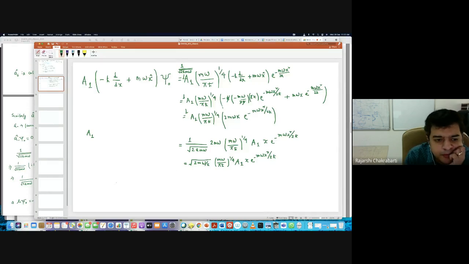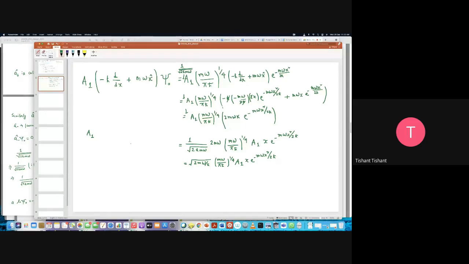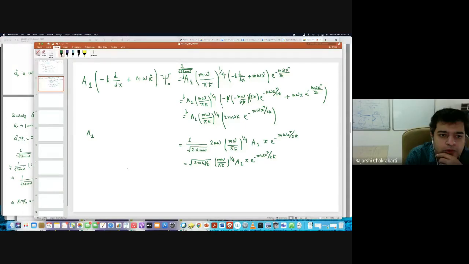Okay, this is fine. Now to find a1, can anyone suggest how to find a1? Normalization. Yeah, so a1 you have to find like this.